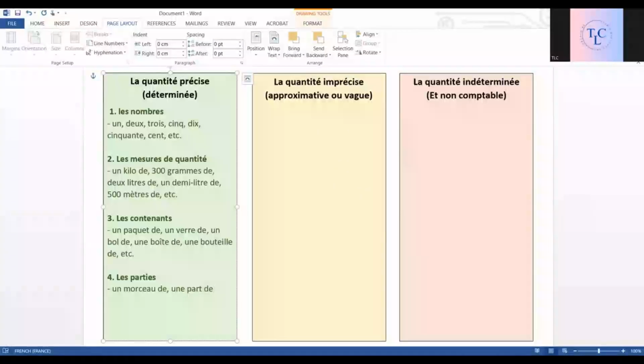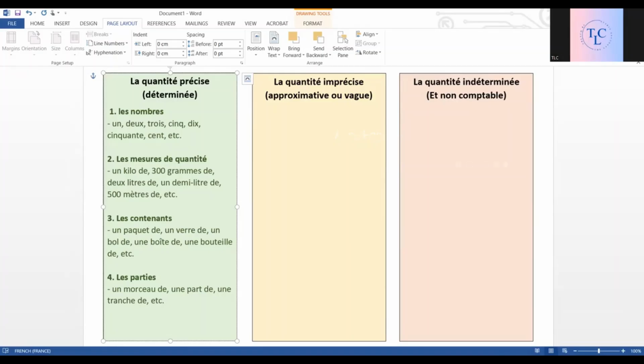There we use une part de. If it is horizontal or thin slices, like bread slices or meat slices, they are called une tranche de. So these are a part of the whole.